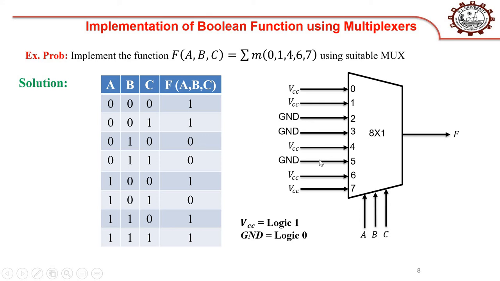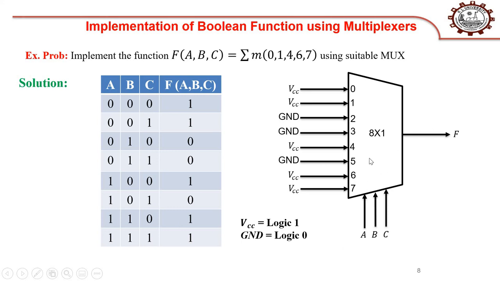The remaining inputs, wherever the output is 1 as per the table, connect to the supply, and take 3 selection lines, apply the selection lines from 0, 0, 0 to 1, 1, 1, and you will get the corresponding output.